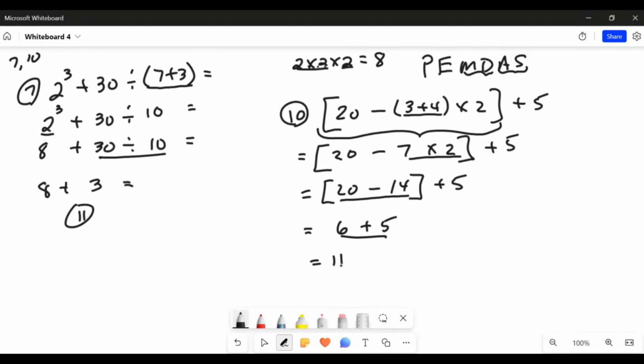Okay. Any others from this first sheet? Okay, how about from the second sheet?